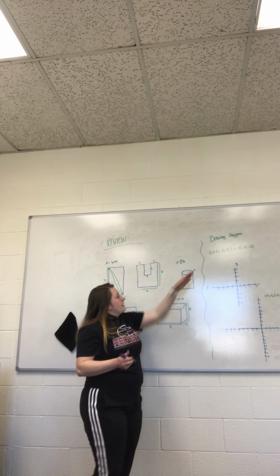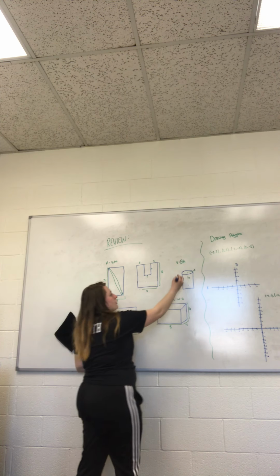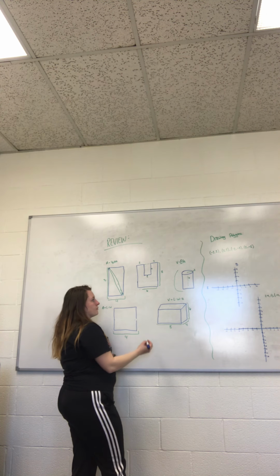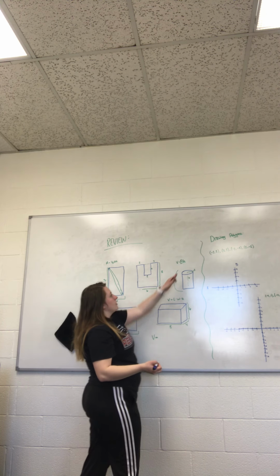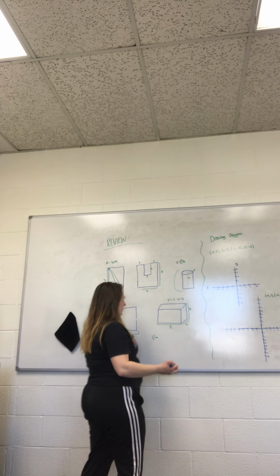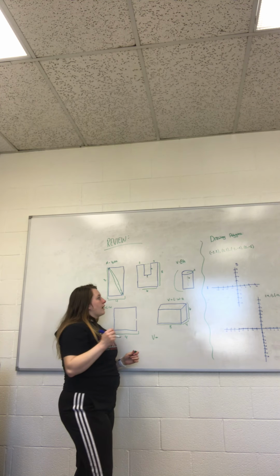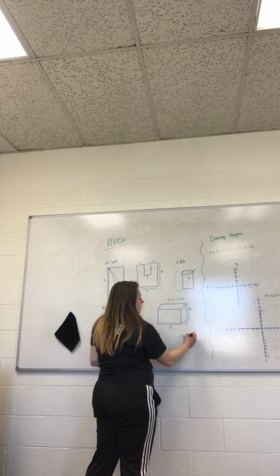So if our radius is 3, what is going to be our formula for this figure? It's going to be V equals, then this radius is 3. How do we find the area of a circle? Pi times r squared. So we have pi r squared.